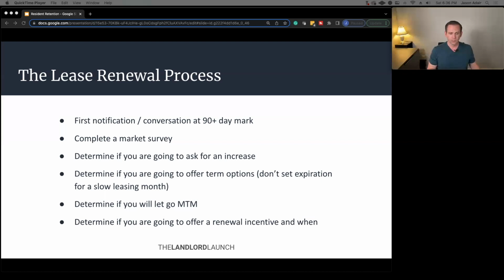I'm going to determine whether or not I'm going to ask for a rent increase, and whether or not I want to offer them options. So let's say that this lease expires in December. I don't like that at all. I want that lease expiring in a busy leasing month, so I'm going to try to adjust that term.